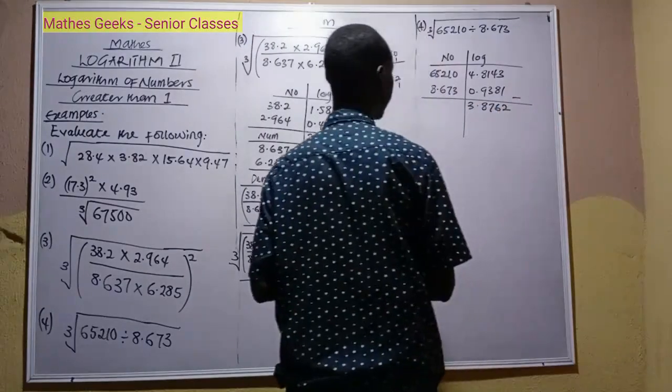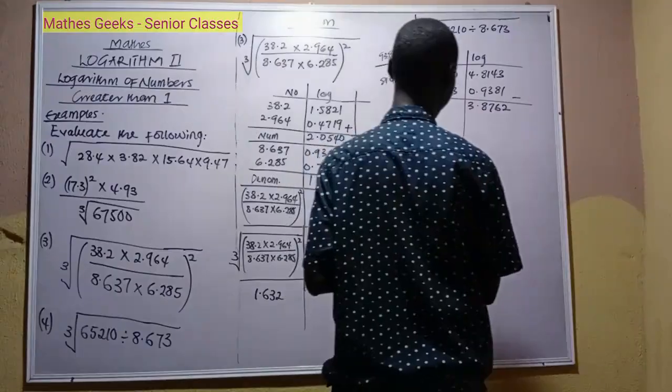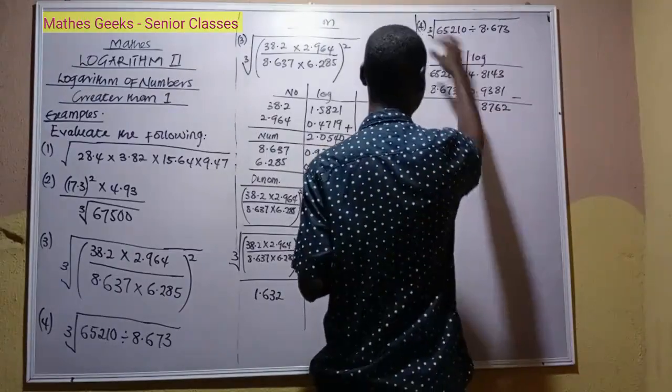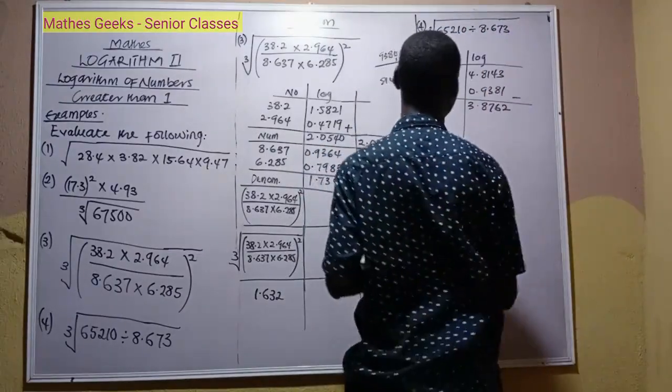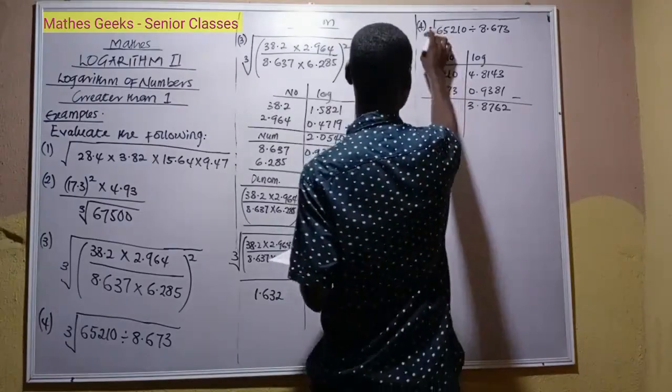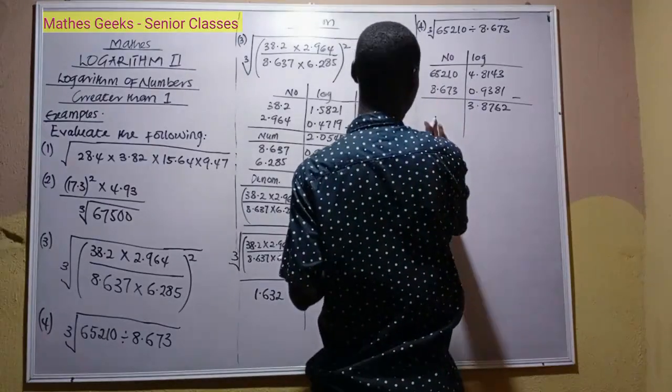The next thing is, okay, we are not subtracting from them since it's just numerator without the numerator. The next thing is to bring this part here.